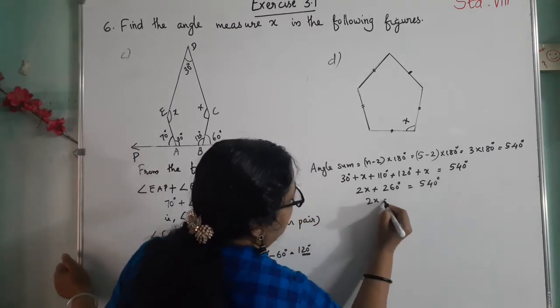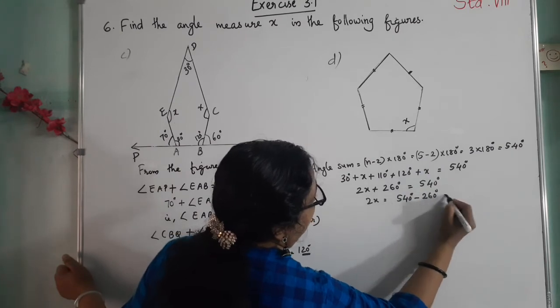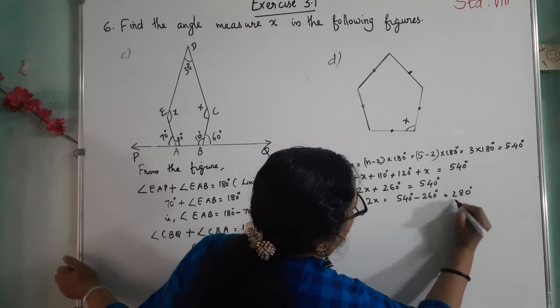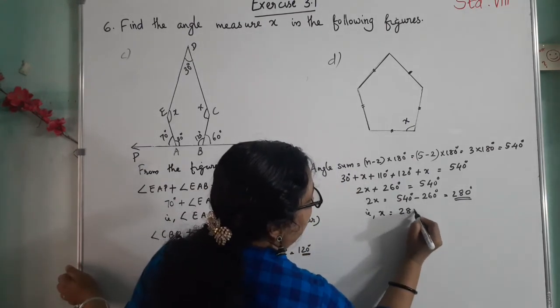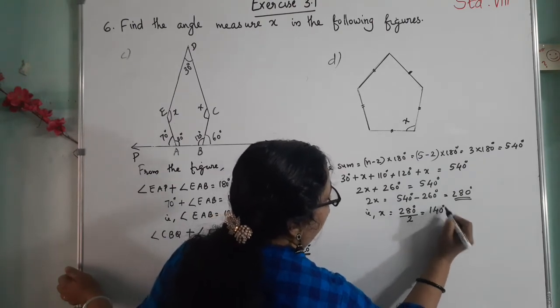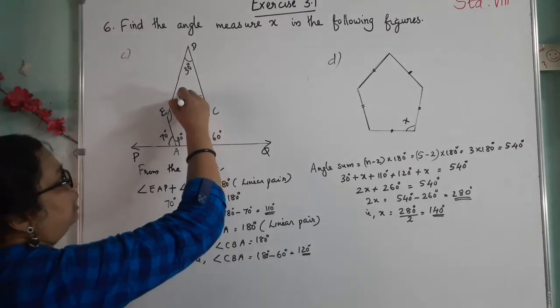That is 2x equals 540 degrees minus 260 degrees, that is 280 degrees. That is x equals 280 degrees divided by 2, which is equal to 140 degrees. So these two are 140 degrees.